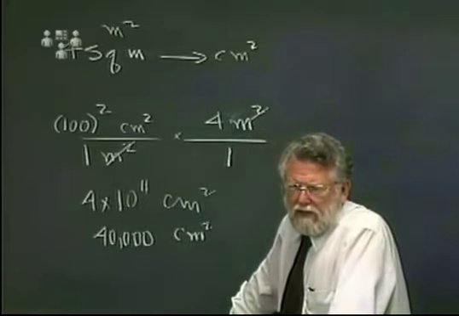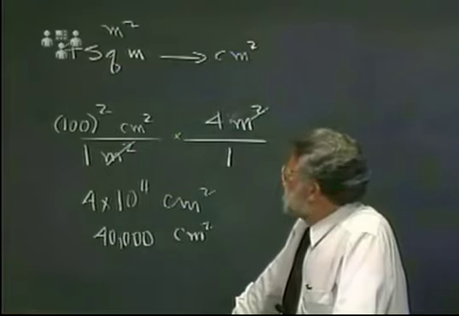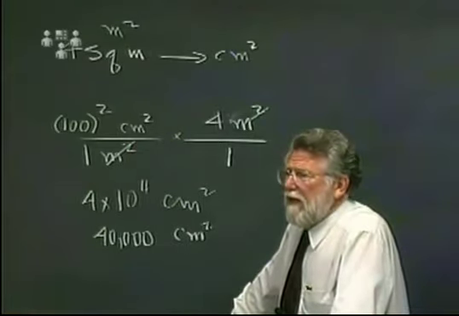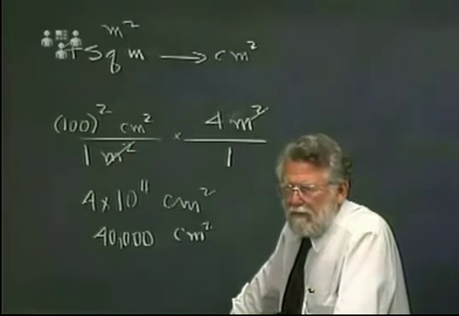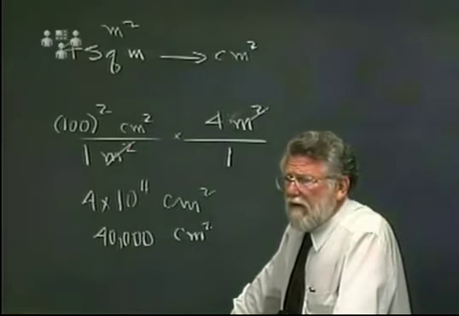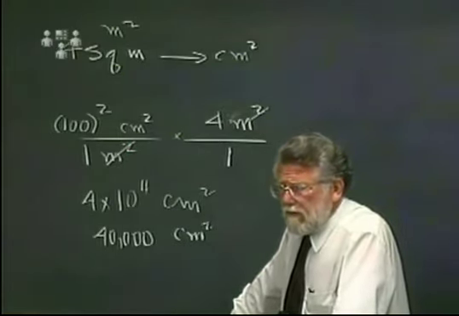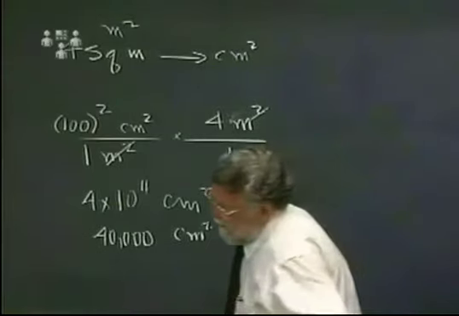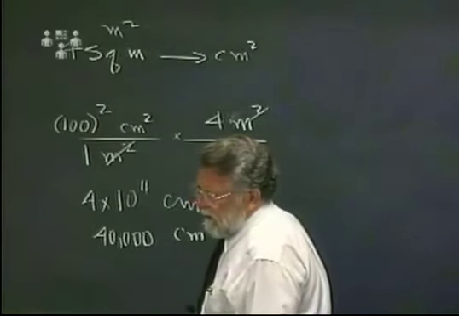Fairly straightforward process. Now, where it gets a little more difficult is if I have something like a decameter or a decimeter, and then I have to see the relationship between them. Now, there are a couple things that we can do there.